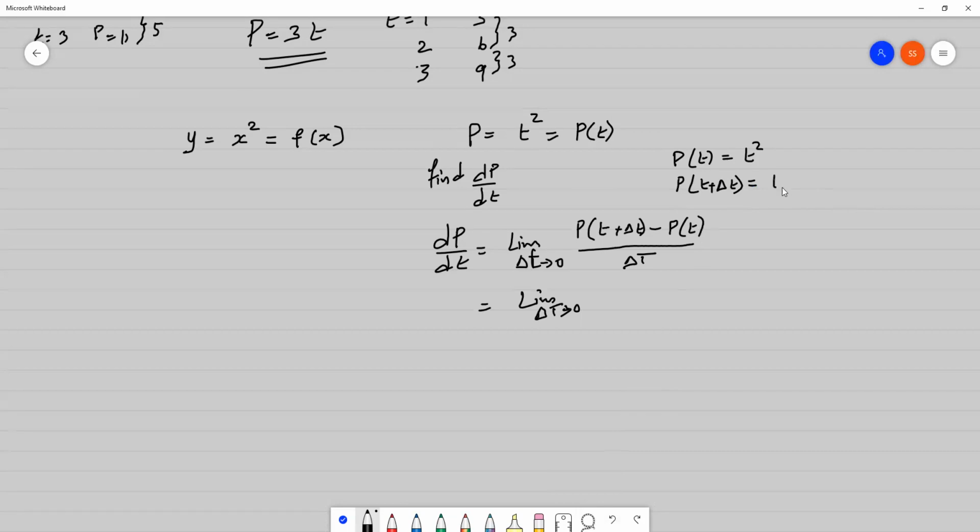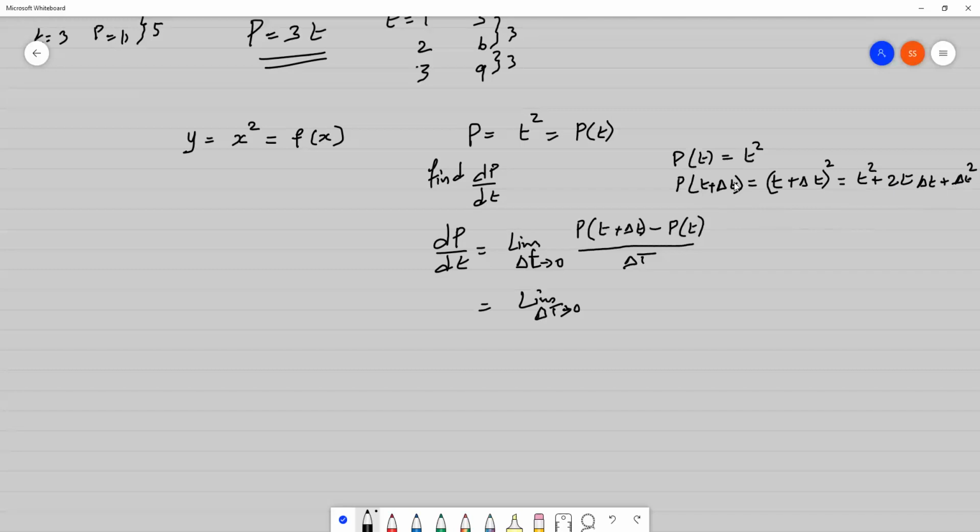So this will become t plus del t the whole square. You can even expand this one: t squared plus 2t del t plus del t squared. Del t is a single term, del t squared.